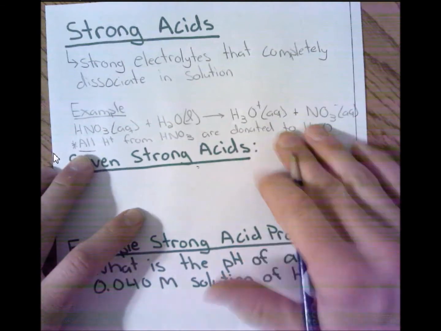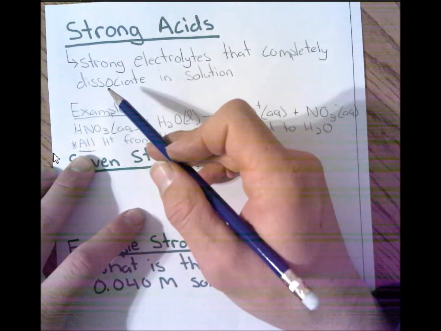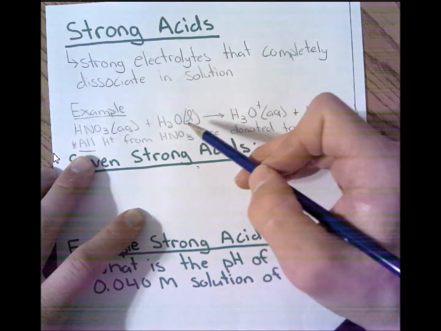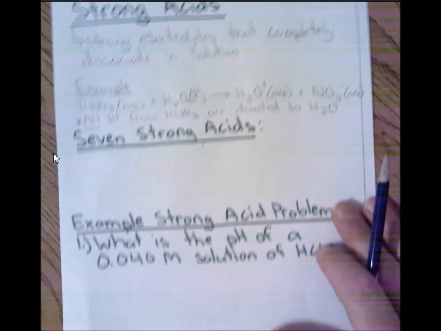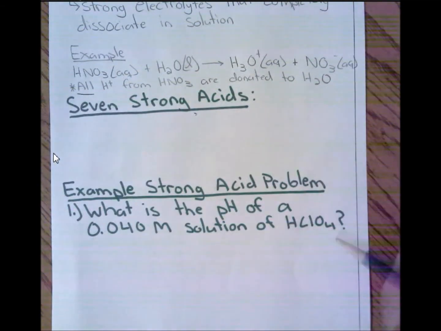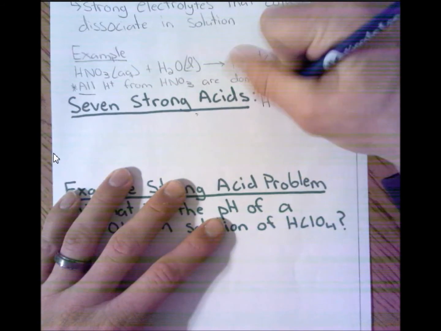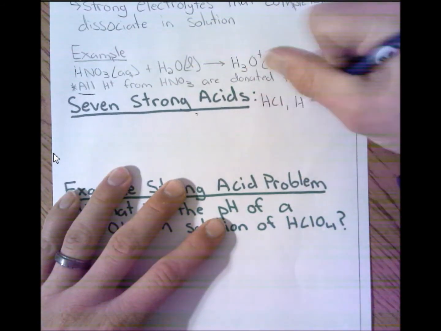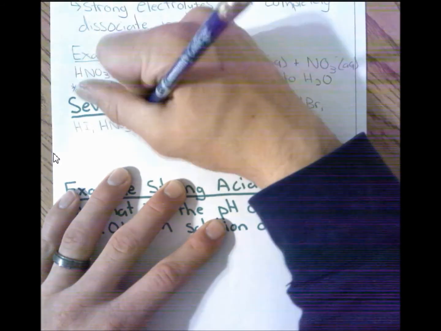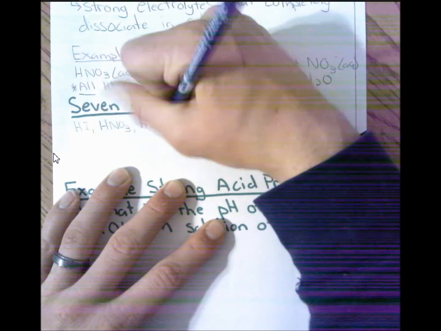Now, there are 7 strong acids, and you'll need to memorize this. The 7 strong acids are hydrochloric acid, hydrobromic acid, hydroiodic acid, nitric acid, which we just dealt with, chloric acid, perchloric acid, and the final one is sulfuric acid.